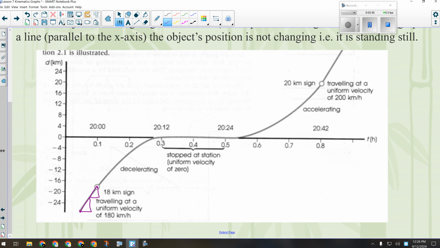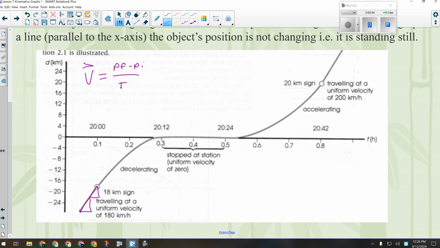So anytime I see a line that is straight on a position versus time graph, what I'm seeing is the position changing at a constant rate. Well, according to this formula, which is on our formula sheet, when the position changes at a constant rate, I am traveling at a constant velocity.